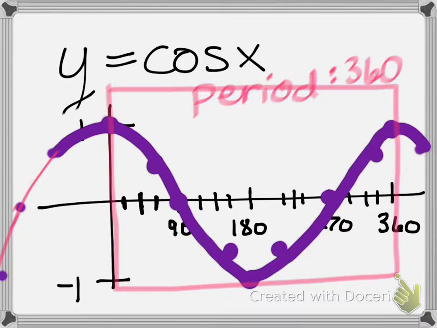And then, of course, we have the amplitude again, which is from these middle lines here up to the maximum. And that'll still be the absolute value of A for the amplitude. Now, what I am going to do is try to draw this graph a little better for us to see.